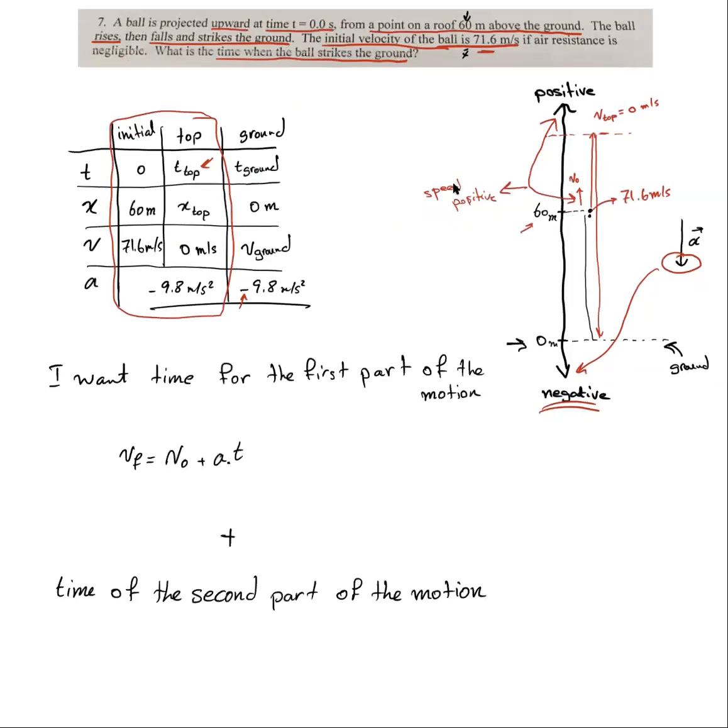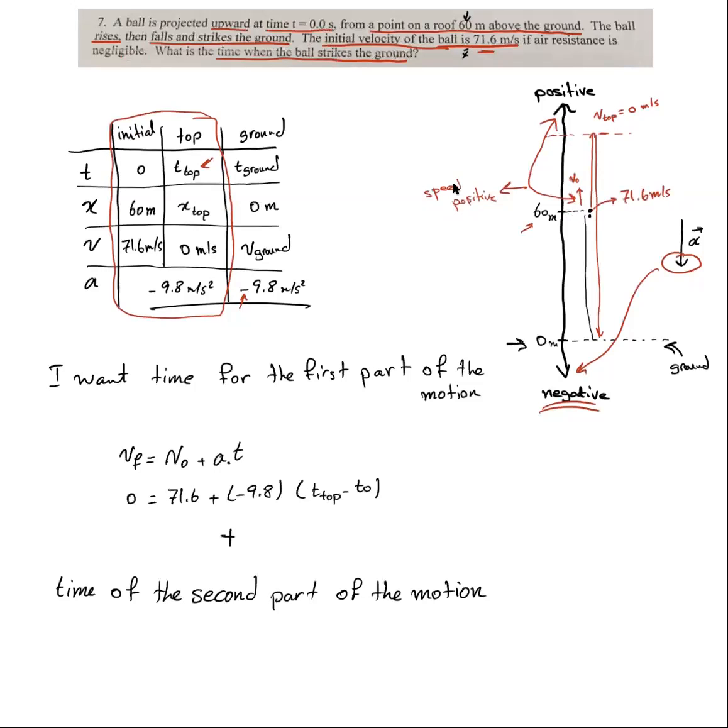I can do the substitution for it quickly. We know the v final is 0. We know that the v initial is 71.6. And we know that the acceleration is negative 9.8. And this t is the delta t. So it's t final, which in our case is t top, minus t initial.